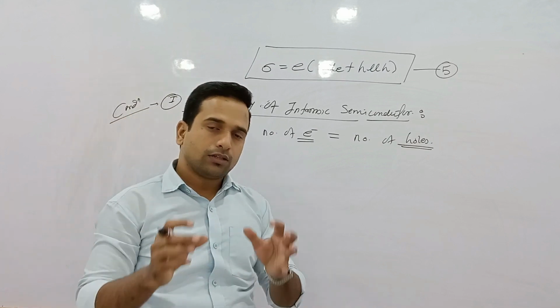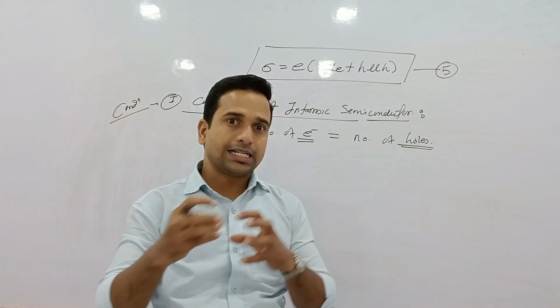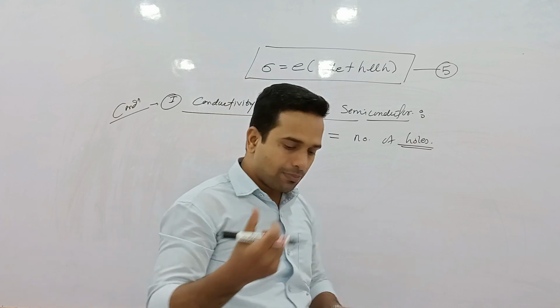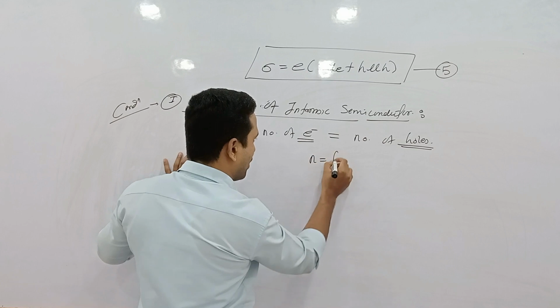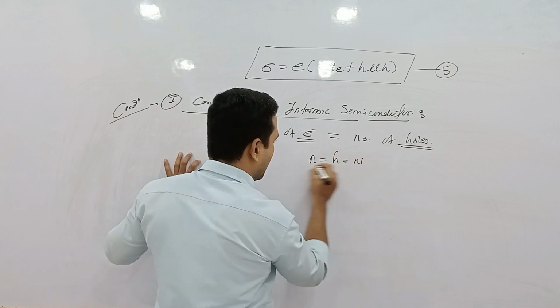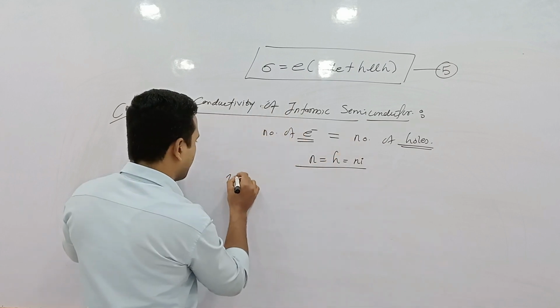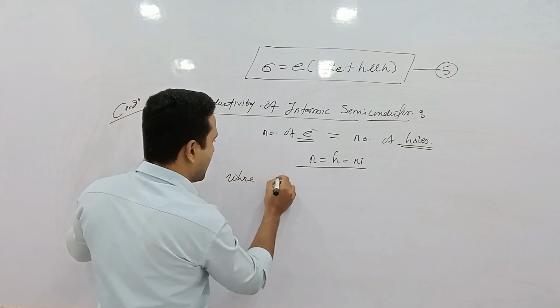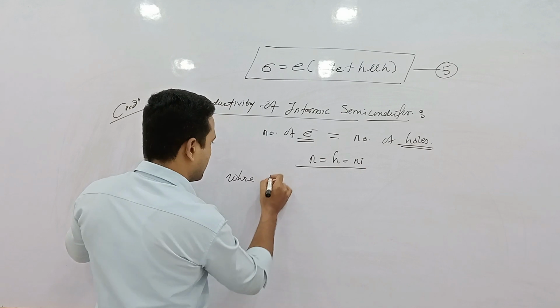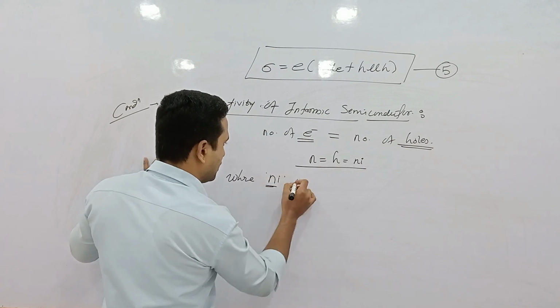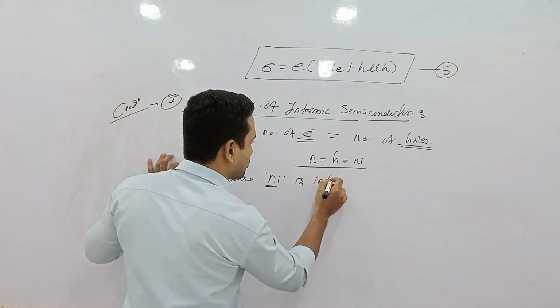Then the equation for intrinsic semiconductor can be given as: we can write n is equal to h is equal to ni, where ni is the intrinsic concentration.